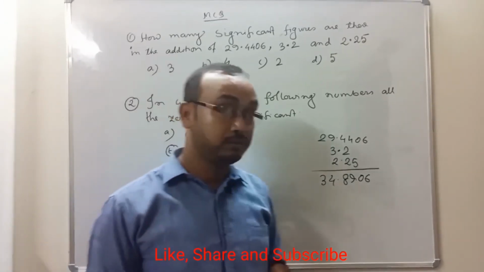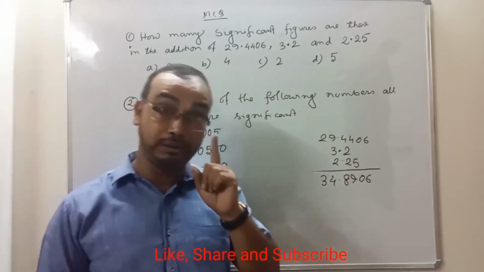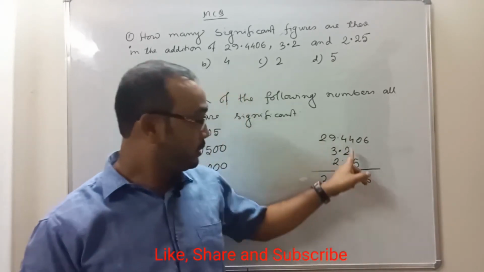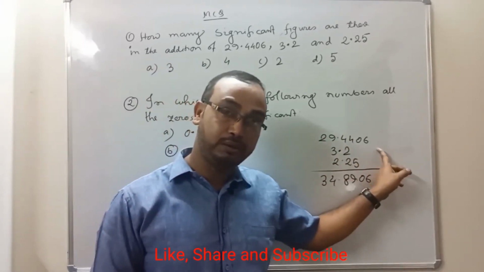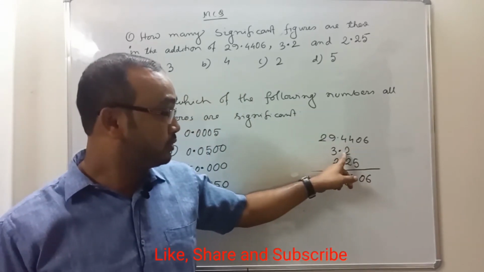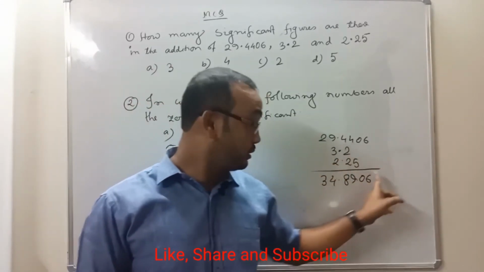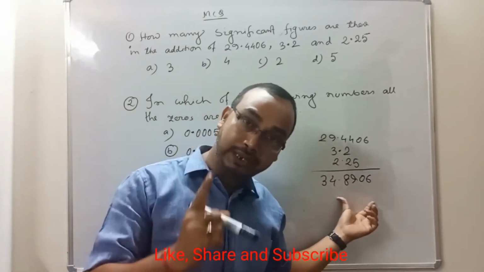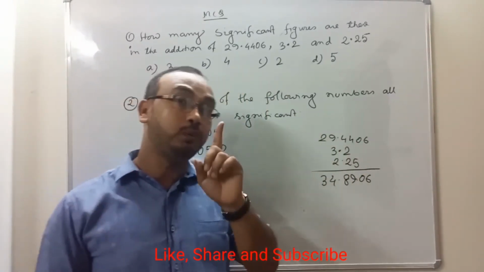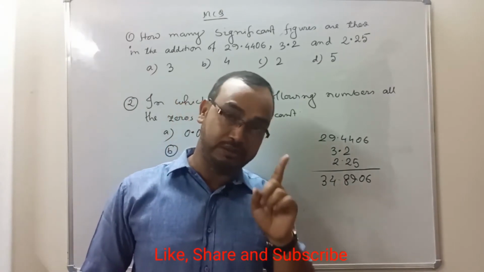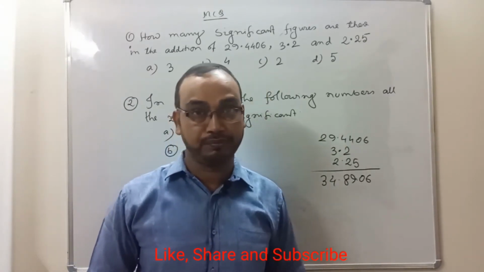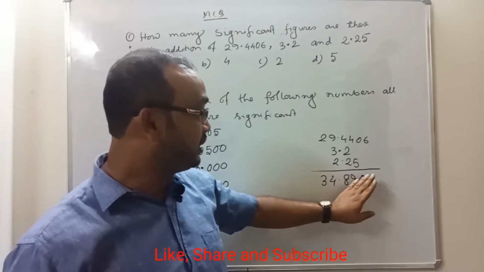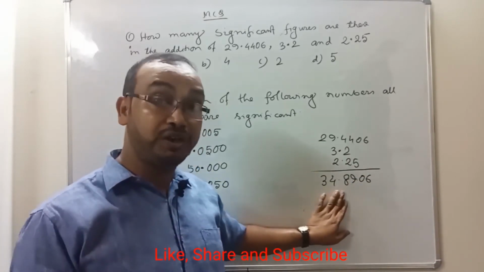Now, since after the decimal, here 4 digits are there, here 1 digit, here 2 digits are there, so the result should be like this, where only 1 digit is there after the decimal. So definitely we have to take 34 point something.